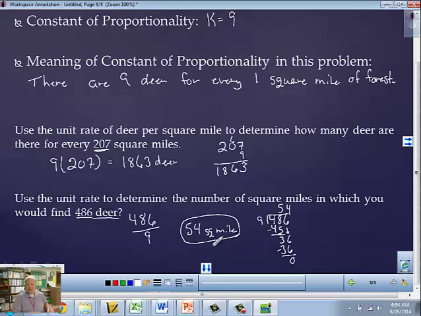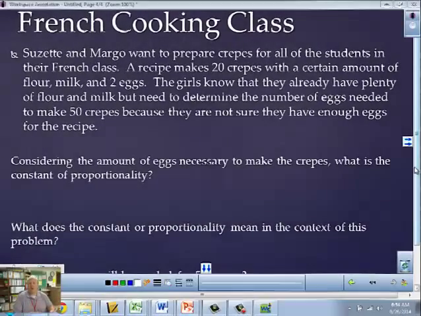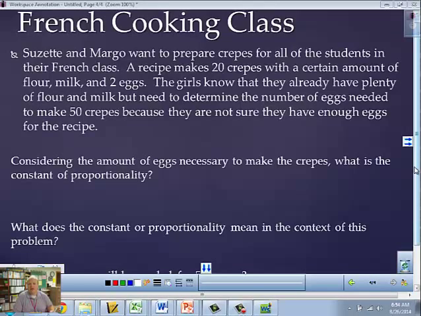Alright, let's look at another problem that I think is just as interesting. Alright, so I like to cook, and cooking for me is awesome because I make a lot of good food. Well, I was watching this show the other day about this French cooking class, and Suzette and Margot were taking this class, and they want to prepare crepes. Crepes are kind of like pancakes.